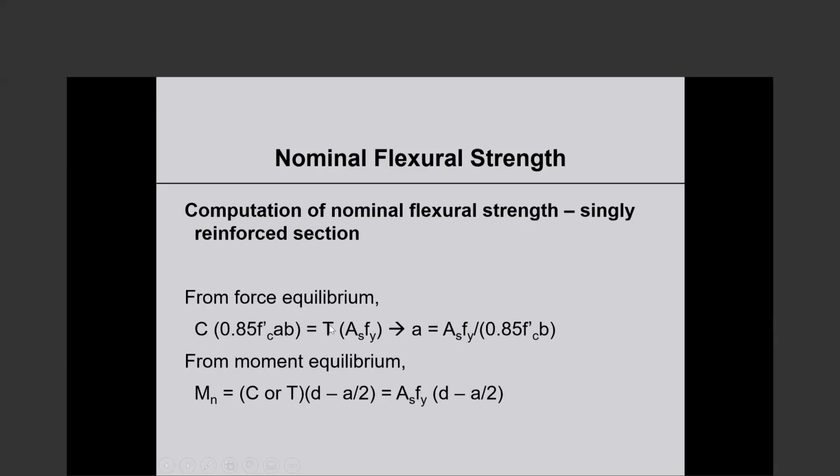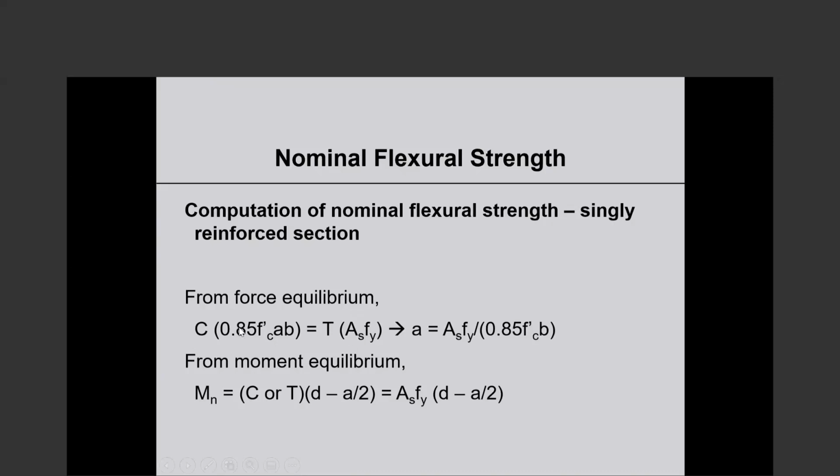That has to equal the total tensile force, which is the total area of tension reinforcement multiplied by the yield strength of the tension reinforcement, assuming obviously that the tension reinforcement is yielding, that the strain in the tension reinforcement exceeds the yield strain.